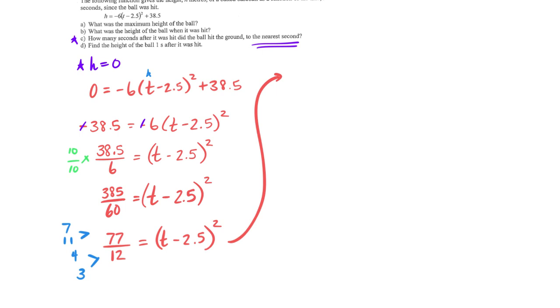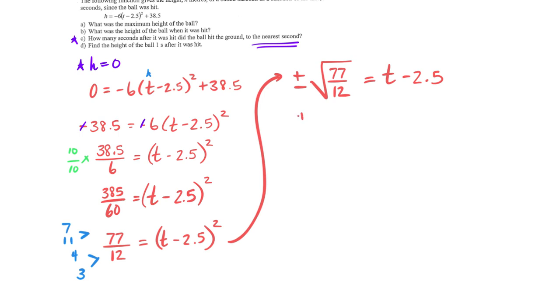So now my focus becomes eliminating the squared. Well, I can eliminate my squared by taking a square root. So I'm going to take the square root of 77/12. Just don't forget that every time you take the square root, you could have a positive or a negative value. Okay, I'm getting there.